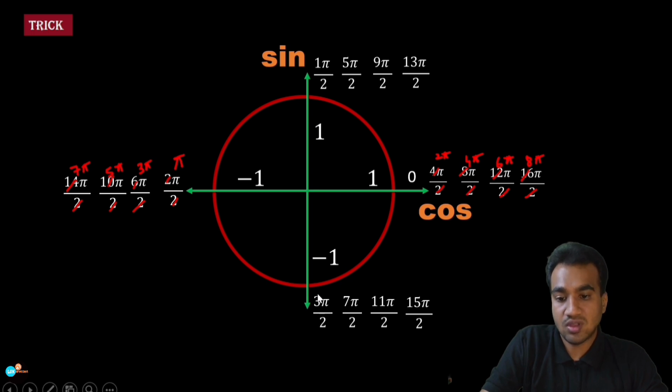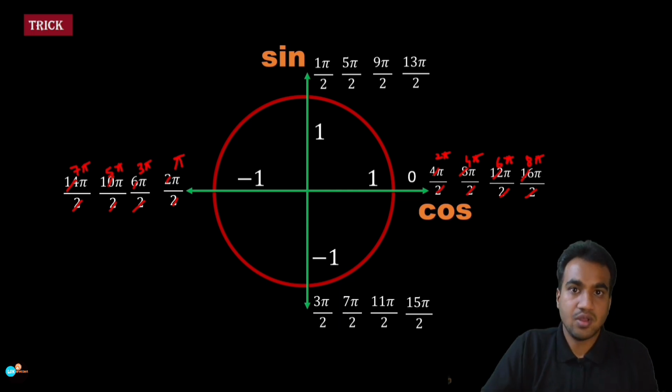But if you come to the other side, sine 3 pi by 2 is -1, and sine 7 pi by 2 is -1, and so on. But cos vertical values are 0, and sine horizontal values are 0. Cos horizontal value is 1 or -1, but sine vertical value is 1 or -1.